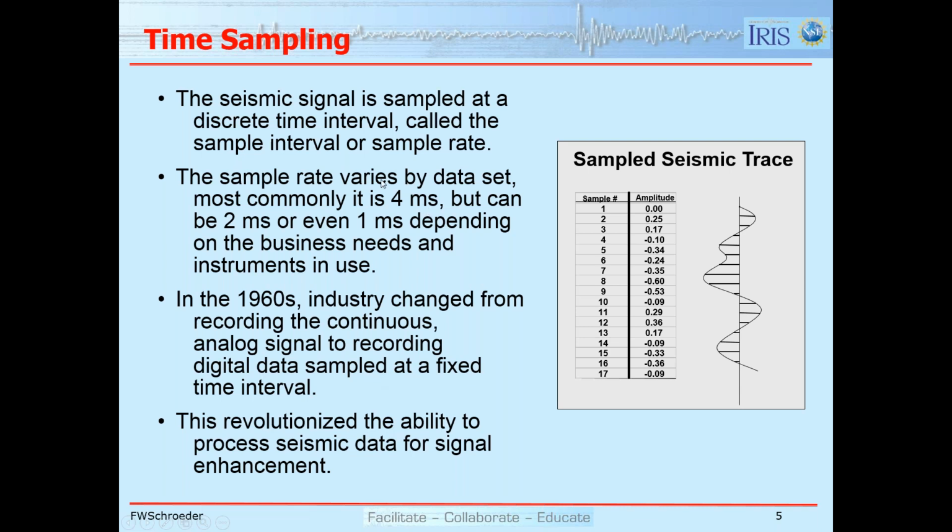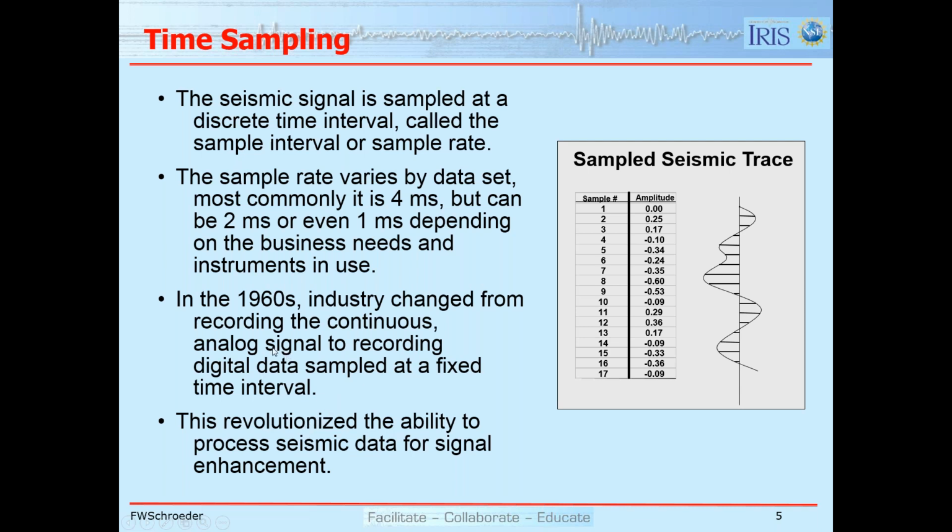Typically the sample rate in industry is 4 milliseconds, although there are cases where we might have seismic acquired at a 2 millisecond sampling rate or even 1 millisecond. It depends on the velocity structure that we're trying to focus in on, the depth, and how much resolution we need to get out of the seismic.